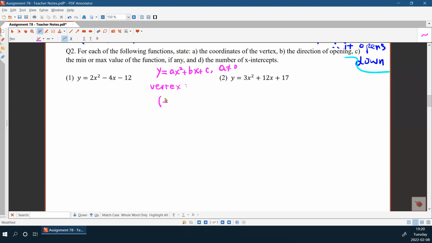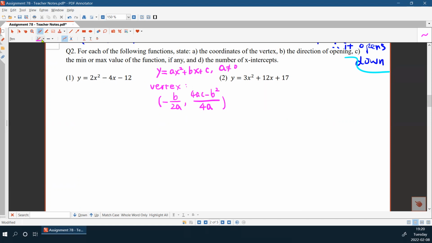The x coordinate of the vertex is -b over 2a, and the y coordinate of the vertex is 4ac minus b squared over 4a, right? These are the shortcuts to calculate the vertex coordinates.